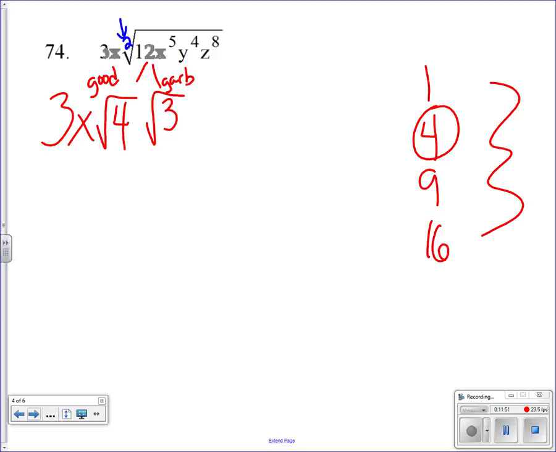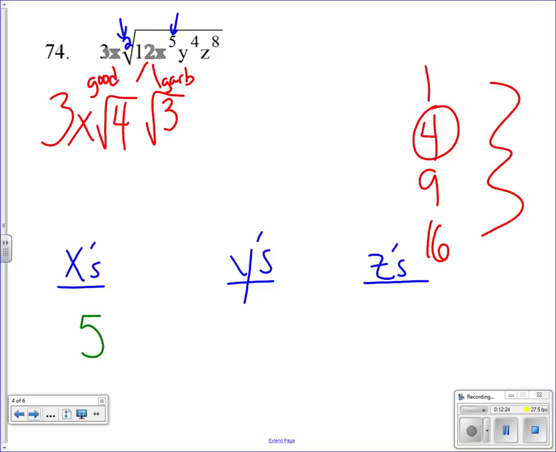Well, what we're going to do is, just for x's, we notice that we have this exponent of 5. Right now, for the x's, this is just like a little chart, if you want to consider it. So just for the x's, we notice that exponent of 5. And for our index, we have a 2.